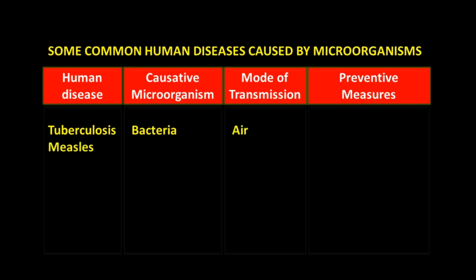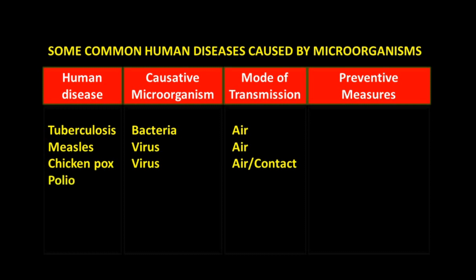Another disease, measles, caused by viruses. Mode of transmission, air. Chickenpox, caused by viruses. Mode of transmission through air and contact. Polio, caused by viruses. Mode of transmission through air and contaminated water.